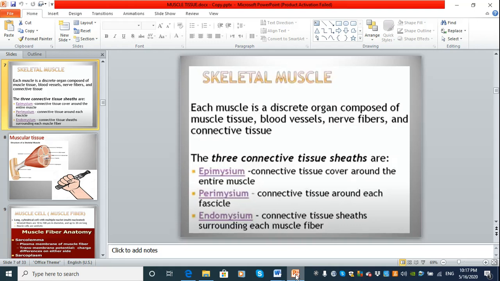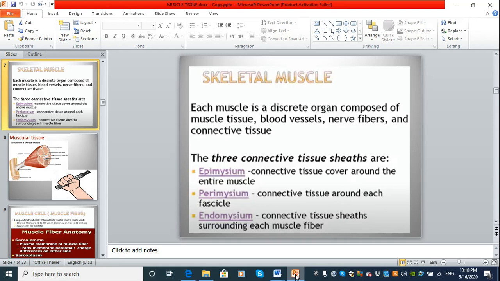Let me make this clear. Hold a pen in your hand. Then your entire hand is like the epimysium. The plastic membrane that surrounds the pen is the perimysium, while inside the pen, the cover is called endomysium.